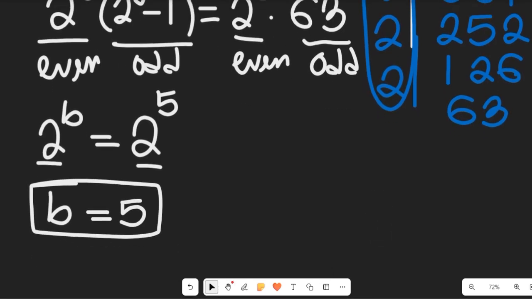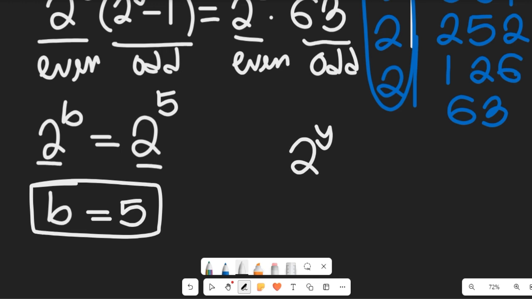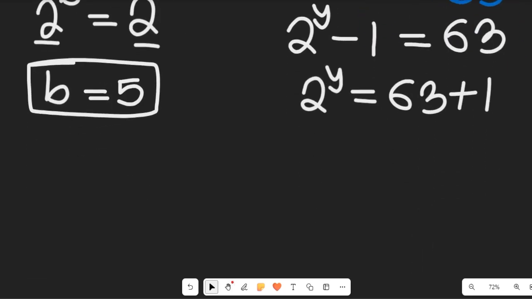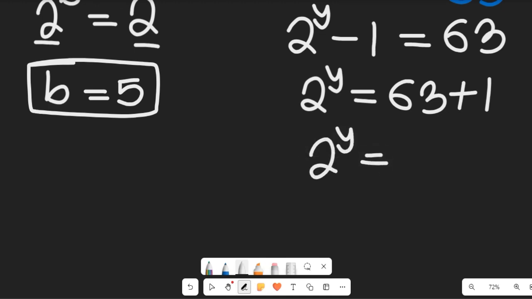Now let's equate the odd. From that expression, the odd is going to give us 2 to the power of y minus 1 equal to 63, right? If we add 1 to both sides, we'll have 2 to the power of y equal to 63 plus 1, right? So that is going to give us 2 to the power of y equal to 64.